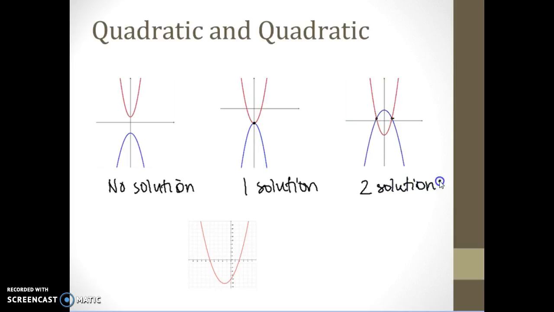And then the last one looks like I have one quadratic, but if I have 2 equations that are the same quadratic, the same parabola, that's where it would be infinitely many. All right, just like with linear systems, you can have infinitely many if it's the same line. Same thing here. So if I've got the same parabola, it's going to be infinitely many solutions. So now I've got no solution, 1 solution, 2 solutions, or infinitely many.